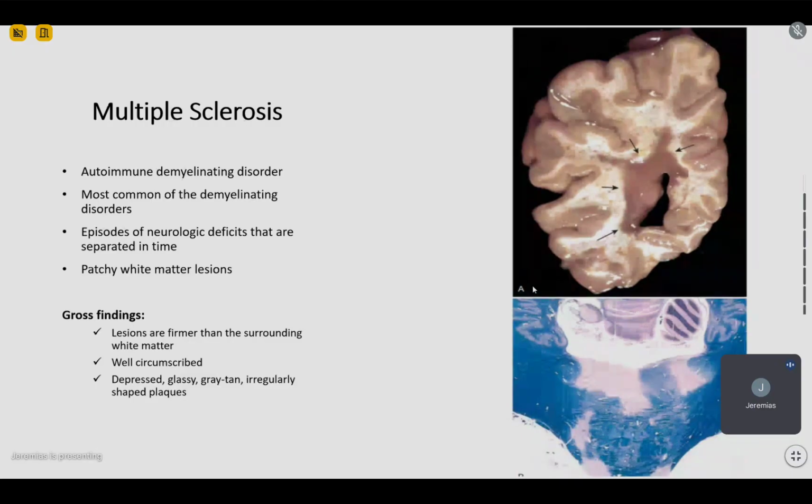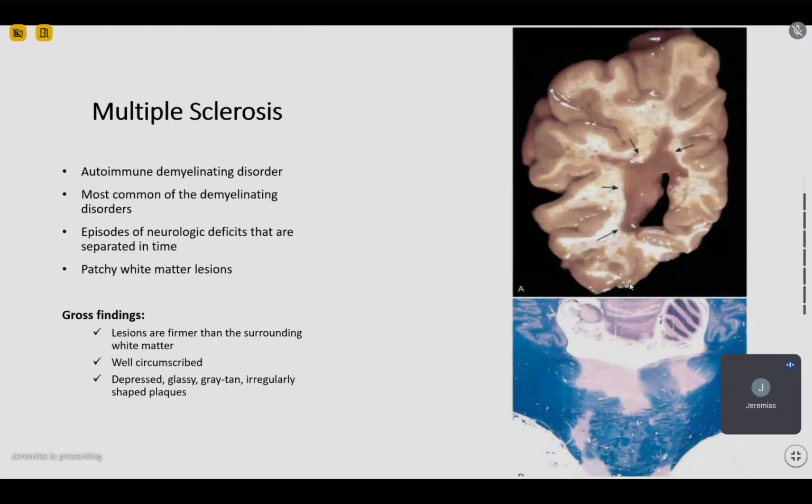So it is a type of disorder wherein there are antibodies formed in the patient's body, wherein instead of attacking the foreign bodies that are not part of the body, they attack the body's own composition.